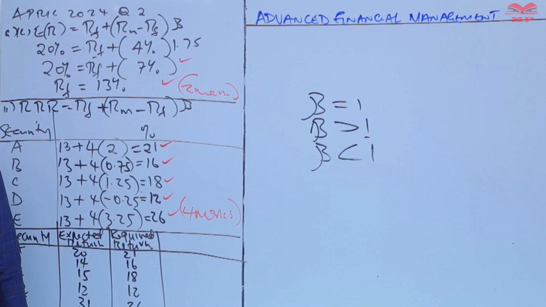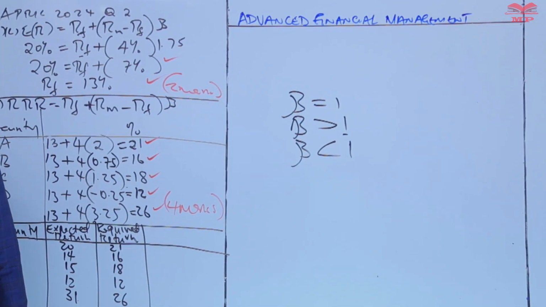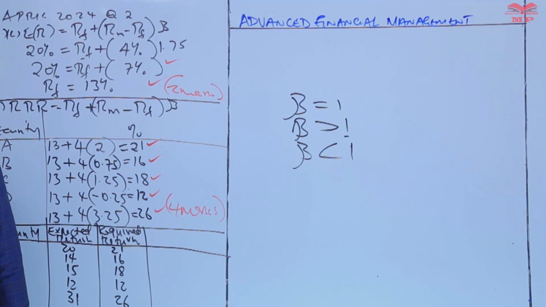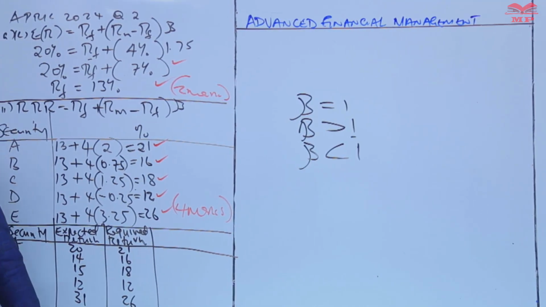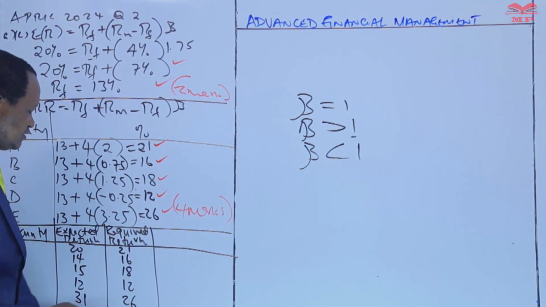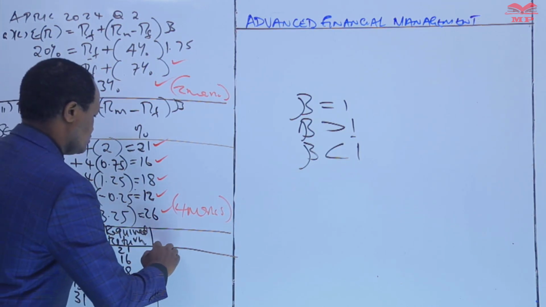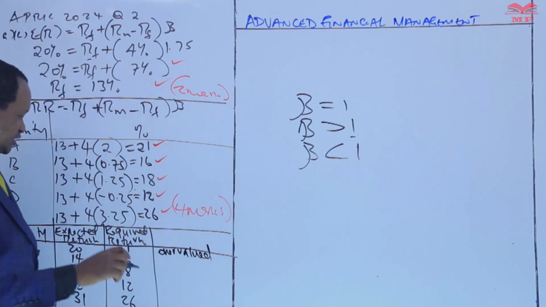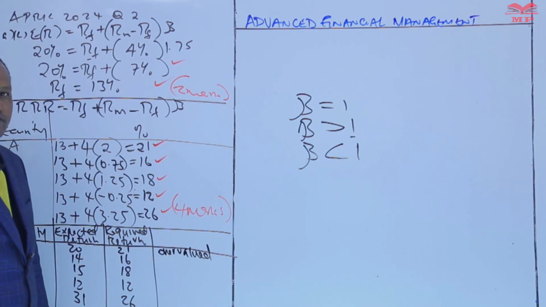Can I hear from you? Anna says overvalued. It is above the expected. So it is overvalued, correct? Security A is overvalued.